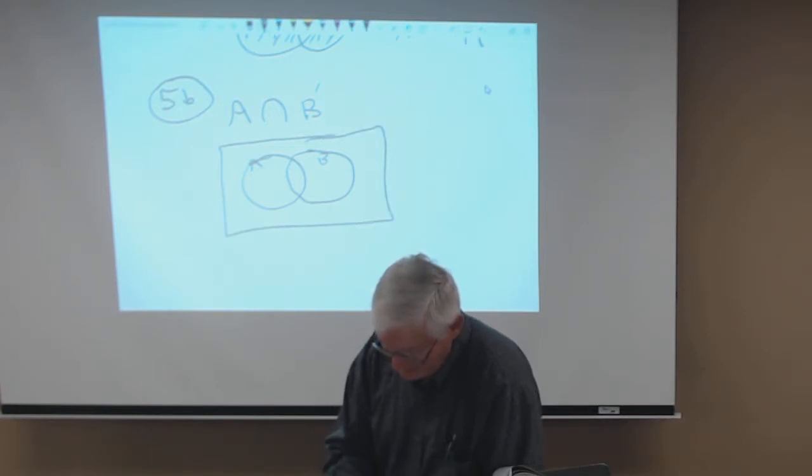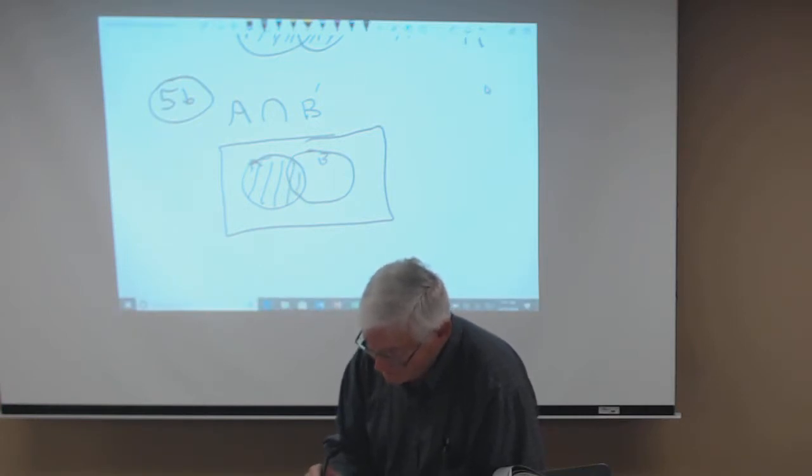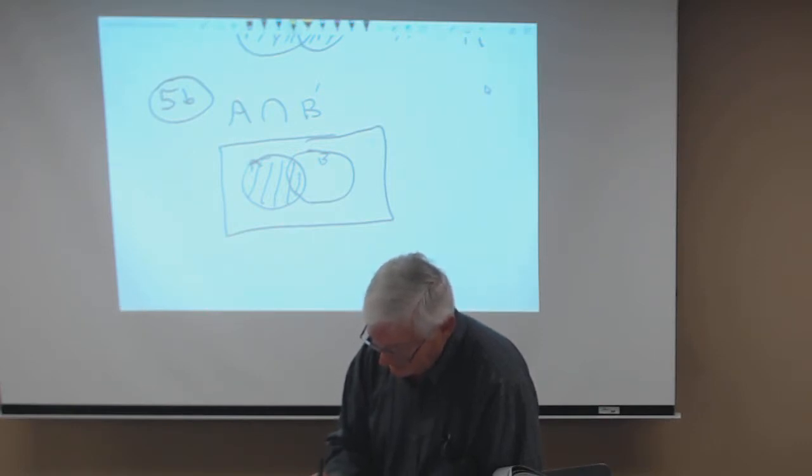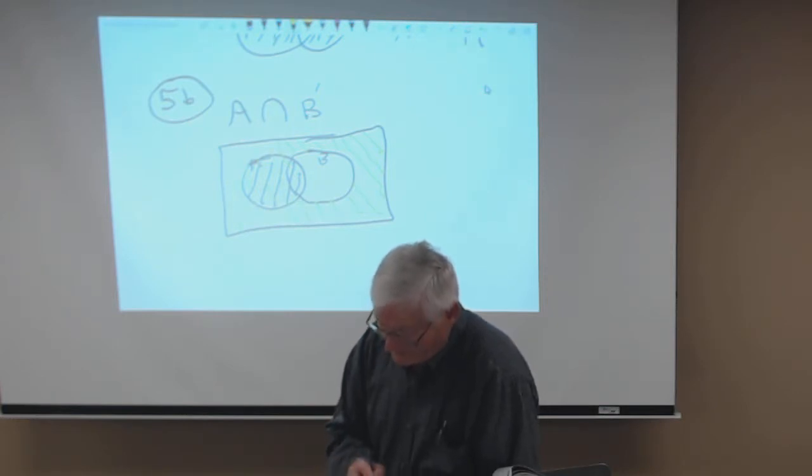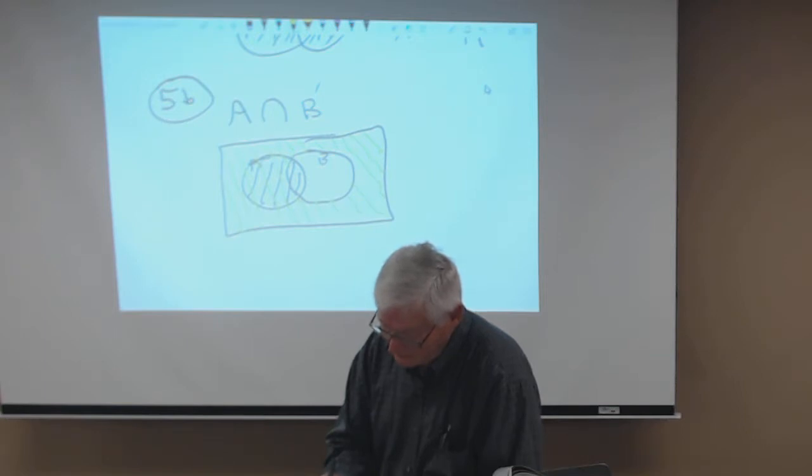And I take A, and then I change colors, and do, this is B, so everything out here would be the complement of B, right? Everything in the universe that's not in B. Now, where do these 2 intersect?